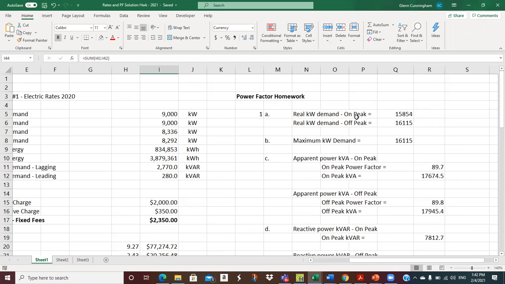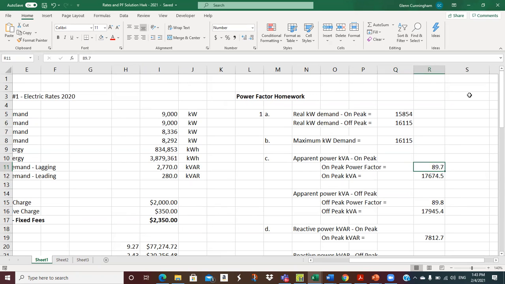This is a pretty big operation. This is Wapaka in Etowah. So on-peak demand, 15,005 or 854. Off-peak demand, 16,115. Those are the two real demands. The max demand is just the bigger of those. Pretty easy.